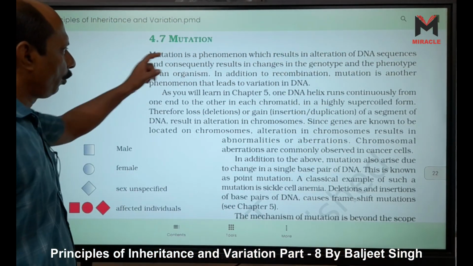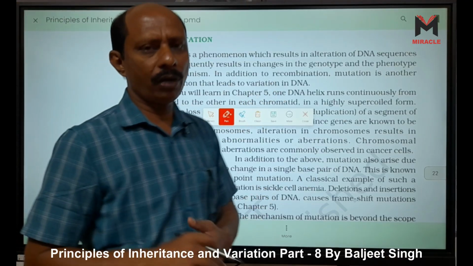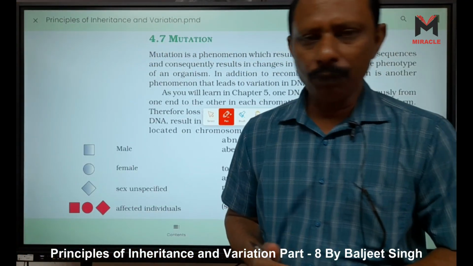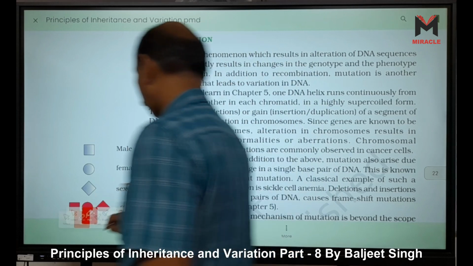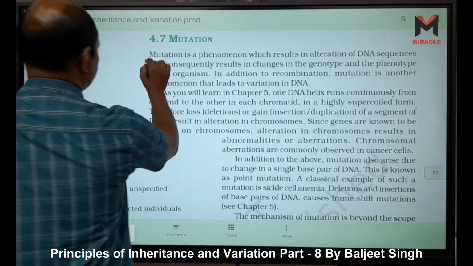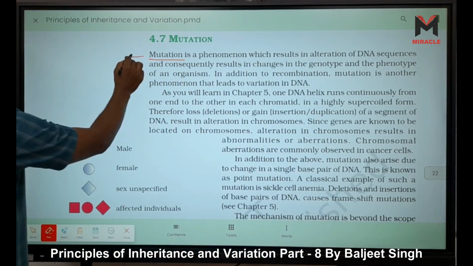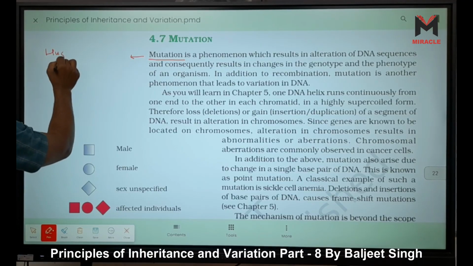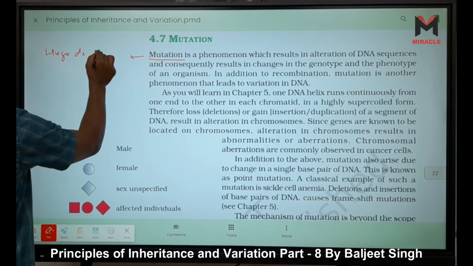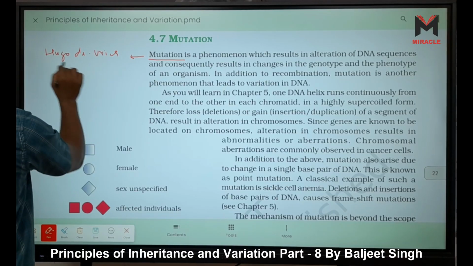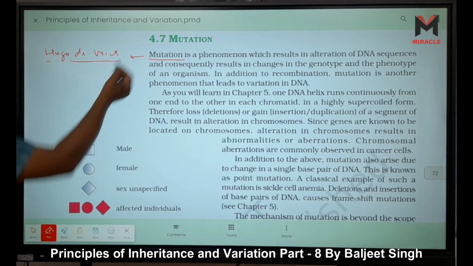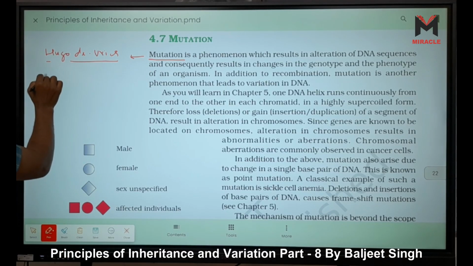Mutation is a phenomenon which results in alteration of DNA, or we can say alteration of chromosomes. Who gave this term? Hugo de Vries. In which plant did he experiment? In evening primrose.